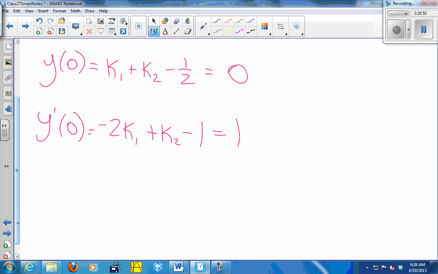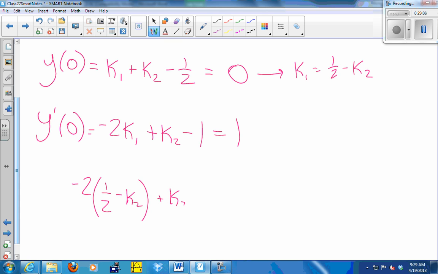So 2 equations, 2 unknowns, not so bad. So here k1 is 1/2 minus k2. Plug that in here. -2 times (1/2 minus k2) plus k2 equals 2.